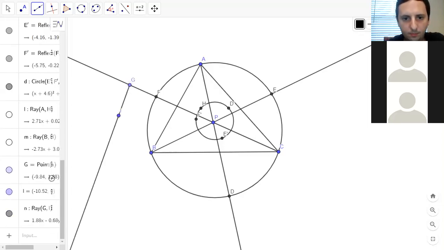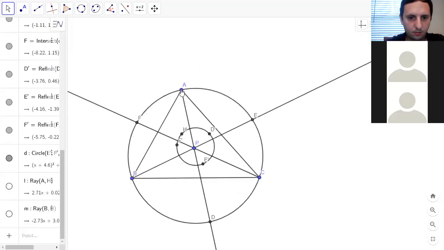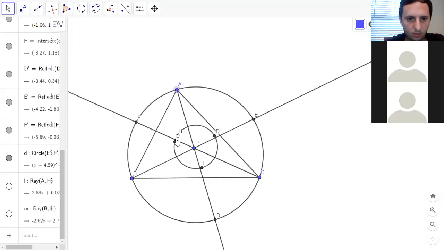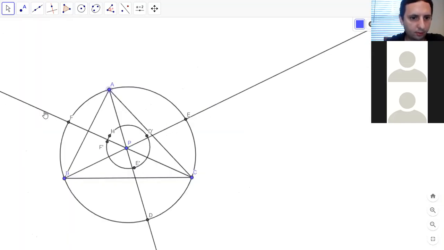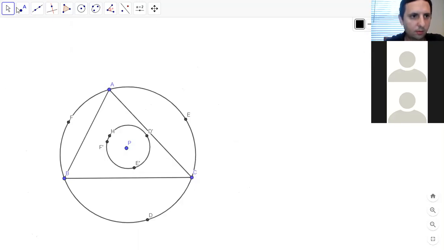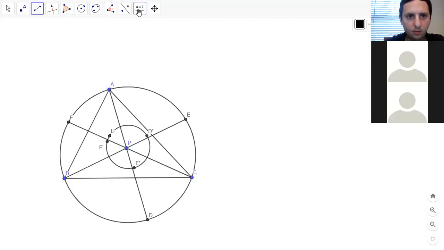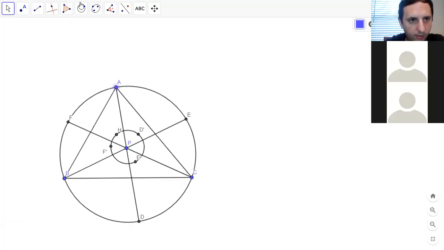So yeah, let me hide the extra lines. AH F prime B is cyclic. What's cyclic?